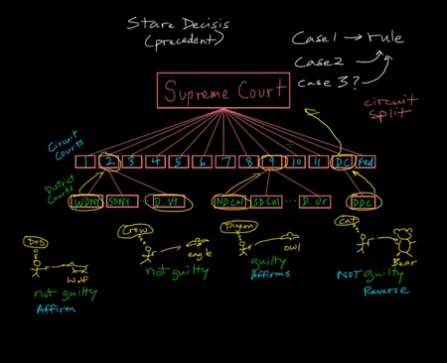So let's say that the Supreme Court grants cert. It grants cert to the U.S. Attorney's appeal from the DC Circuit Court, and it accepts the U.S. Attorney's argument that the Ninth Circuit has the better approach. So the Supreme Court reverses the DC Circuit Court's decision.